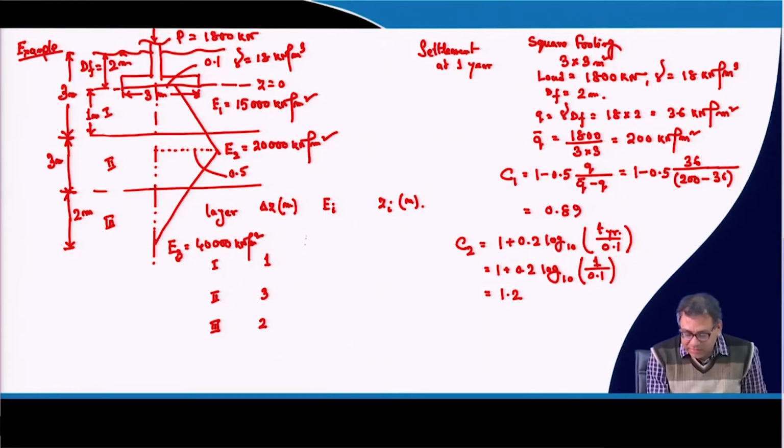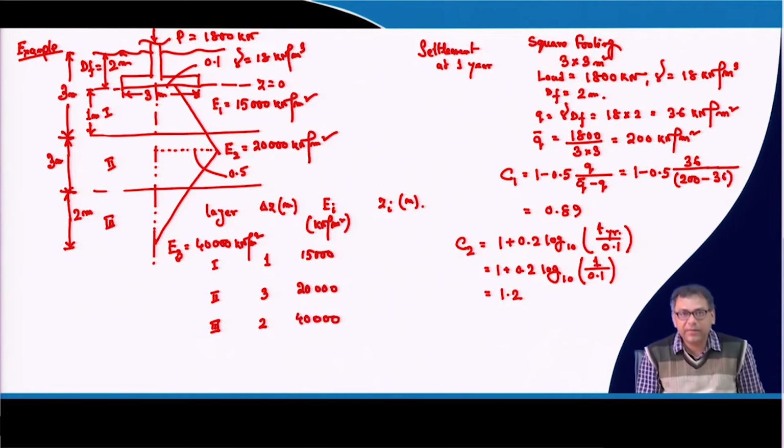Now the Ei value for the first layer is 15,000 kilonewton per meter square. So this is 20,000 and this is 40,000. Now we have to calculate the influence factor for every layer.